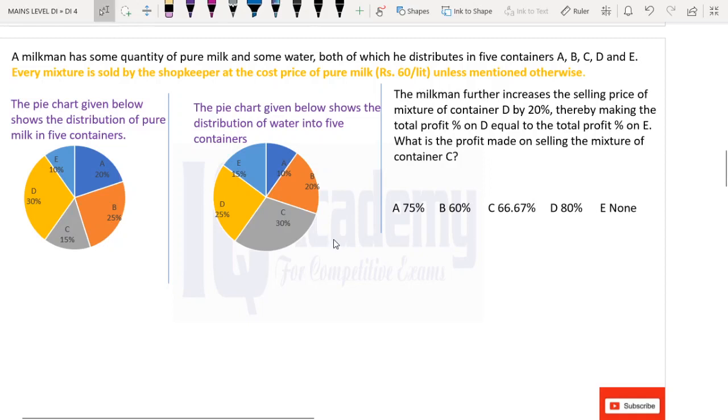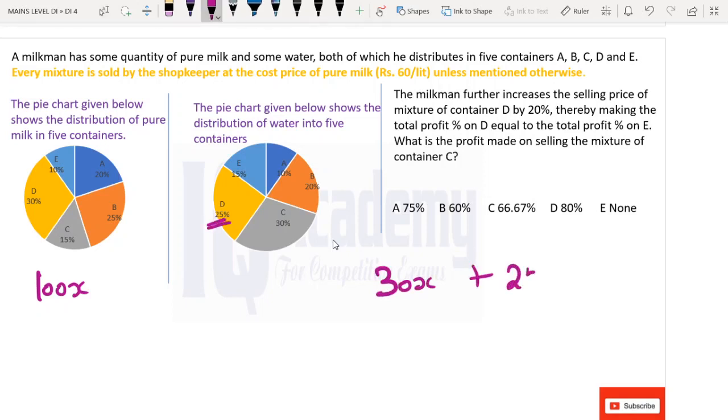The next question is, the milkman further increases the selling price of the mixture of container D by 20%. The present selling price of D is (30x plus 25y) into 60 rupees.